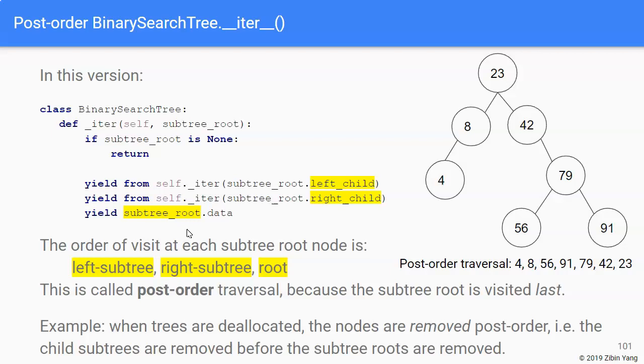An example of something that is post-order would be the deallocation of a tree, which is the opposite operation of creating a tree. So let's think about this in just a little more detail.